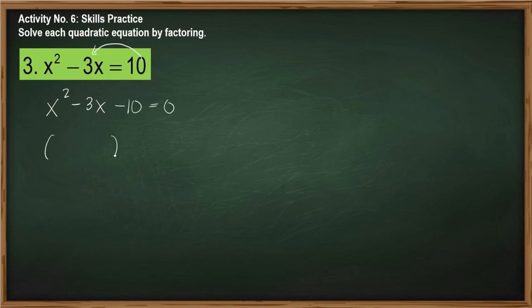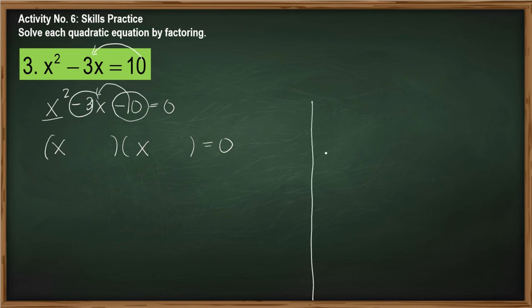And then prepare two parentheses. Then think of the factors of x squared, and these are x times x. Then look at the constant term, negative 10. Mag-isip ng factors ng negative 10 na kapag i-add natin equals negative 3. So let's have our working area here. So ano yung negative 10? So 5 at saka 2.